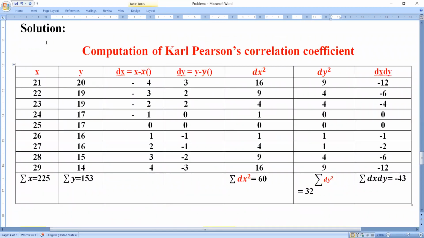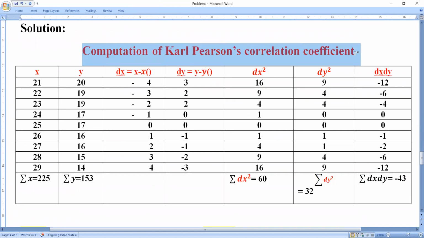First write down the heading: computation of Karl Pearson's coefficient of correlation, or correlation coefficient.